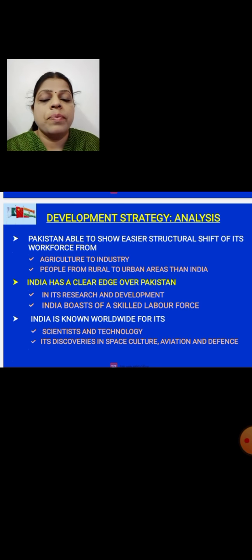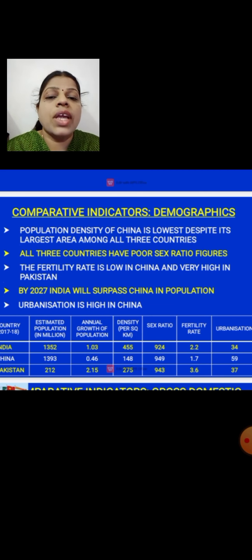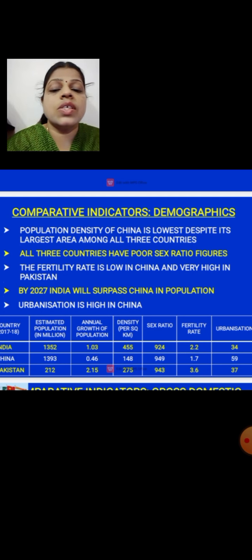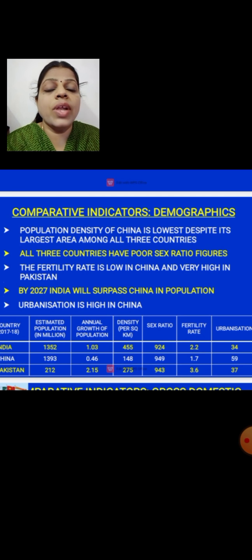Next, we can see the indicators that are related to demography. So demographic indicators means the indicators which indicate the growth of the population. So if we compare the population of various countries, you can see the population density of China is lowest despite its largest area among all these countries.